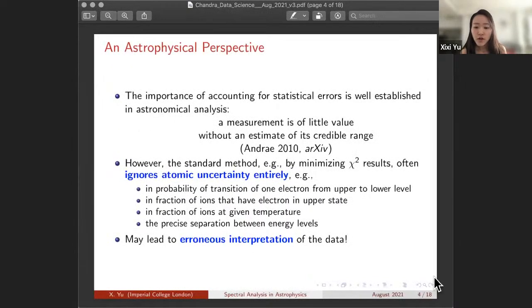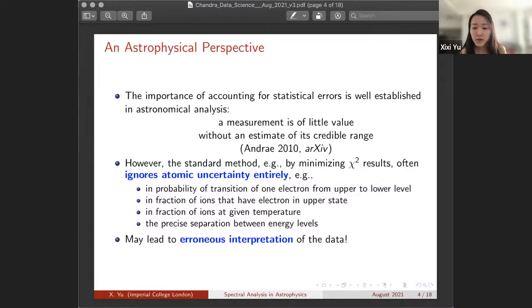From an astrophysical point of view, even though it is well known that atomic uncertainties do exist, and it is recognized that they can cause large systematic errors in the inferred model parameters, those uncertainties are often taken at face value, with only nominal estimates used in the data analysis. The most commonly used method, which we call the standard method, treats those uncertainties as fixed and known, for example chi-square minimization.